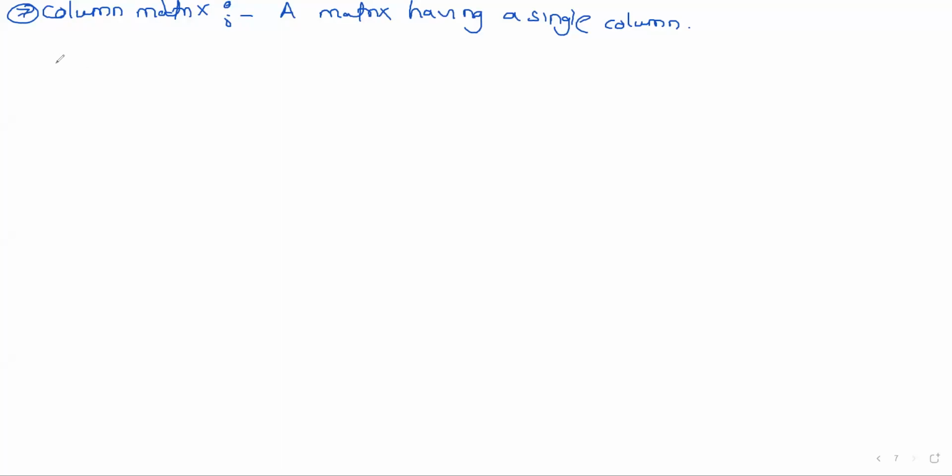For example, say A is a column matrix, say 1, 2, 3. It's a column matrix.